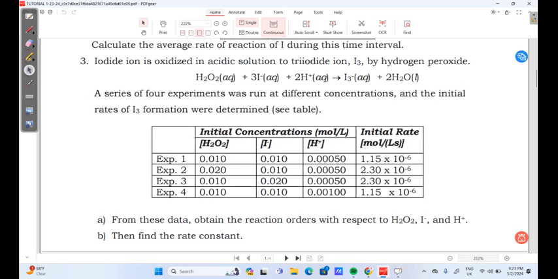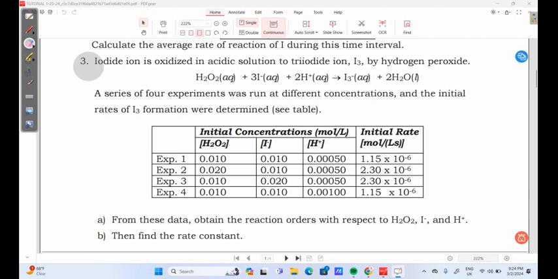Iodide ion is oxidized in acidic solution to triiodide ion by hydrogen peroxide. So we've been given the equation there. A series of 4 experiments was run at different concentrations and the initial rates of iodide formation were determined.